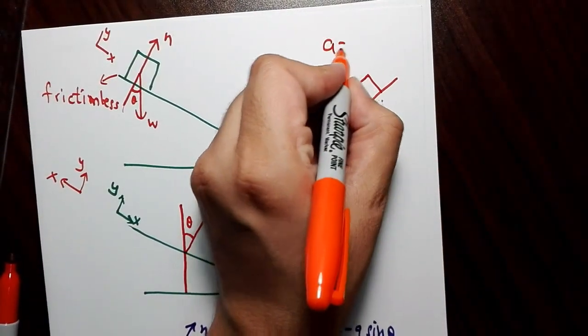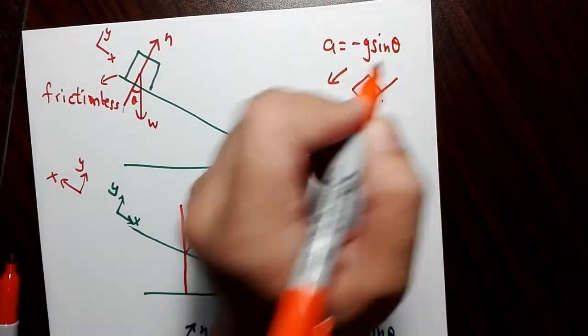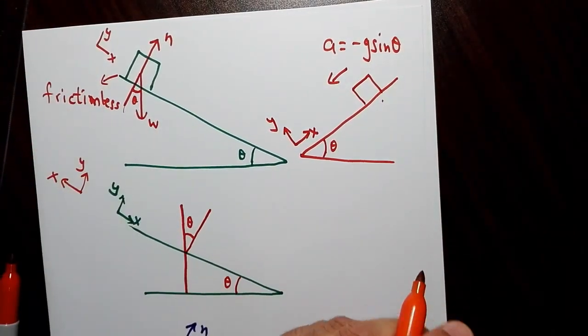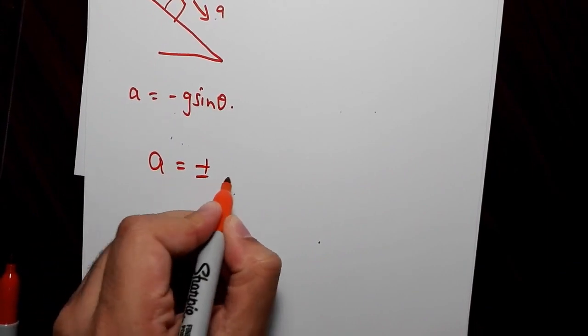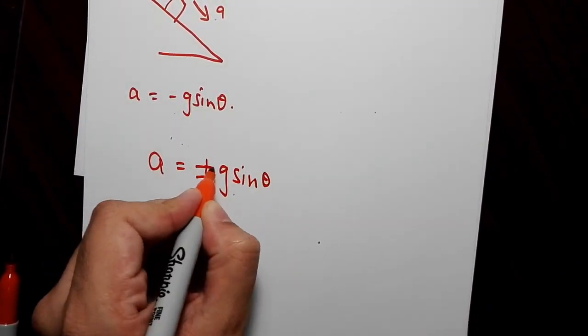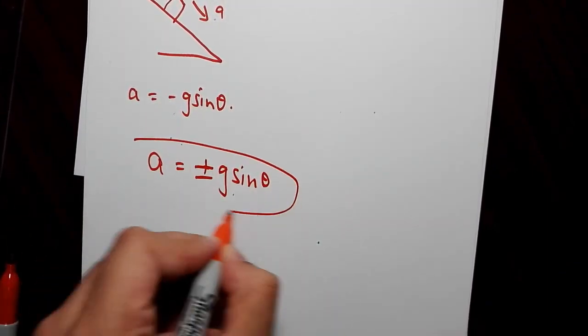So in this case, a equals negative g sine theta. In general it can be a equals plus or minus g sine theta. That's how some books will state it.